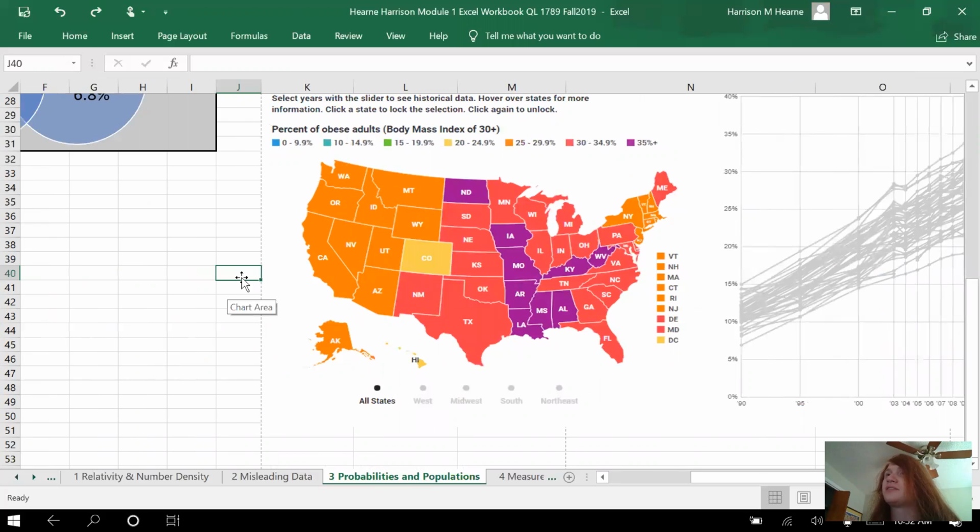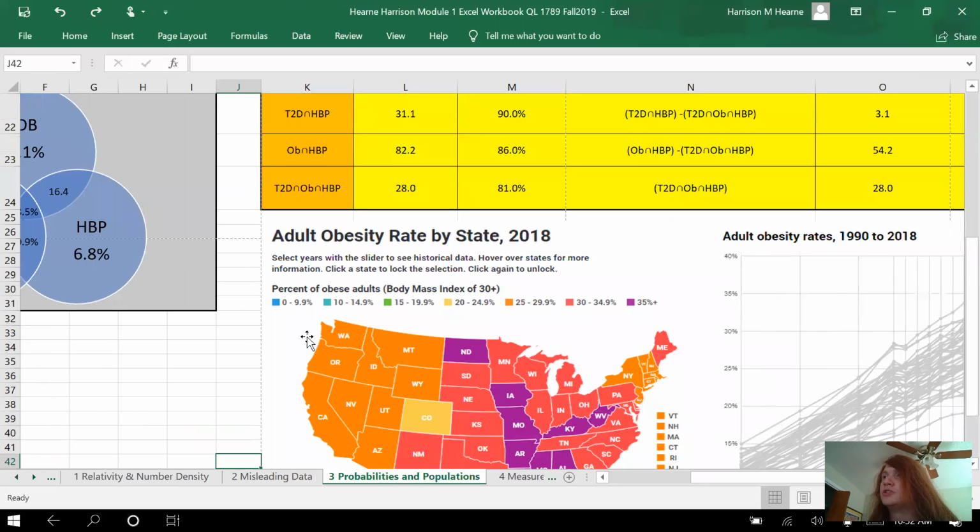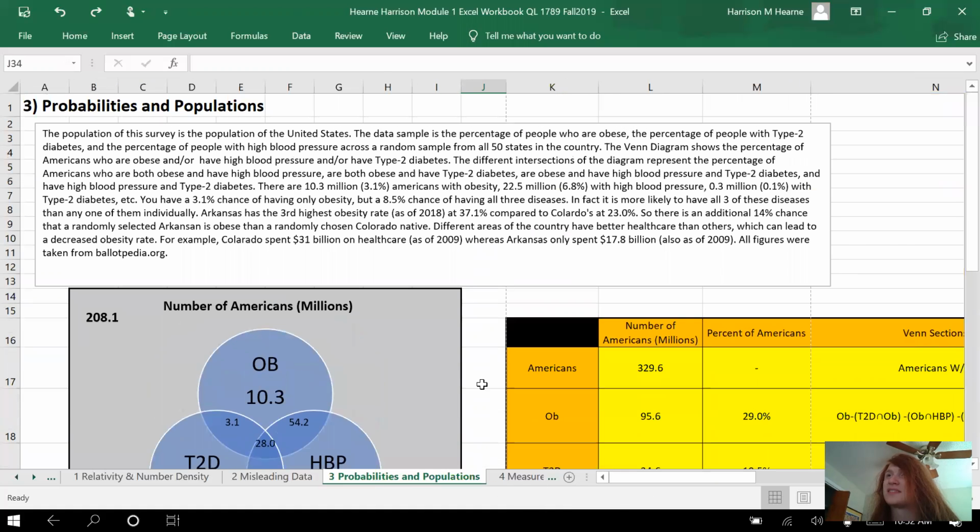There's a number of things that can factor in to such a big difference in obesity rates. For instance, for Colorado, these numbers were last taken in 2009. Unfortunately, there aren't more current numbers for these, but we can imagine they probably would keep to about the same trend.